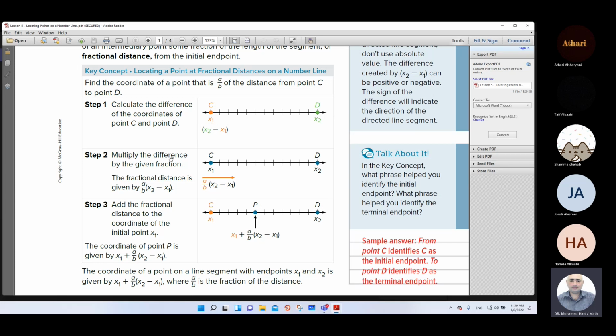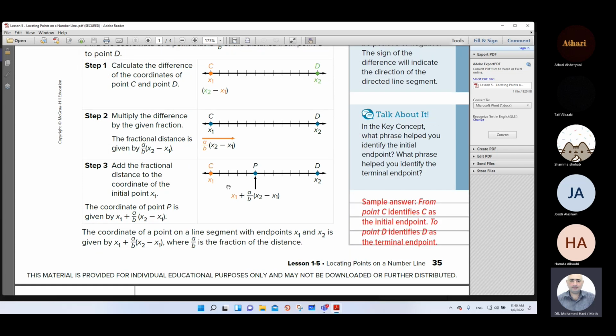Then multiply the difference by the given fraction. The fractional distance is given by taking the ratio A over B, then multiplying by the distance. A over B multiplied by x2 minus x1. Then add the fractional distance to the coordinate of the initial point x1.